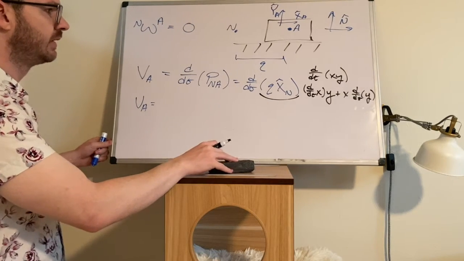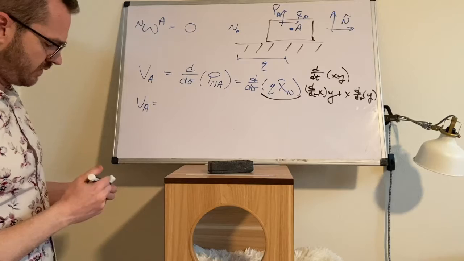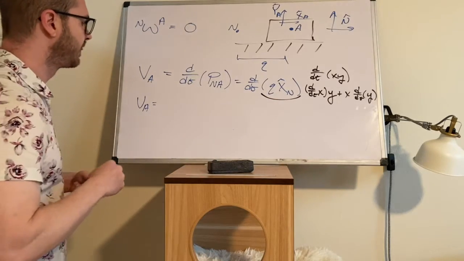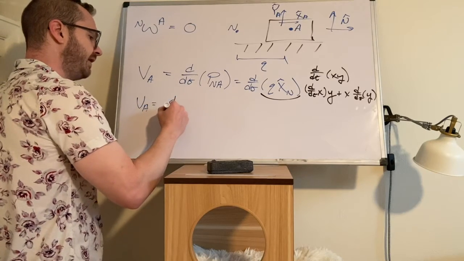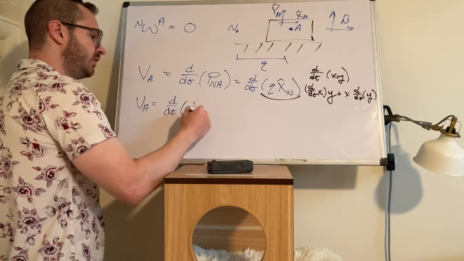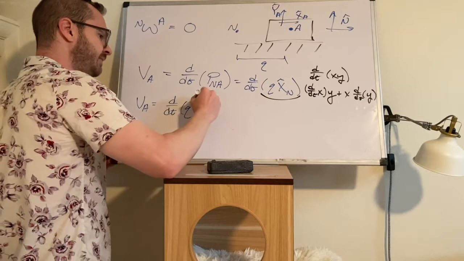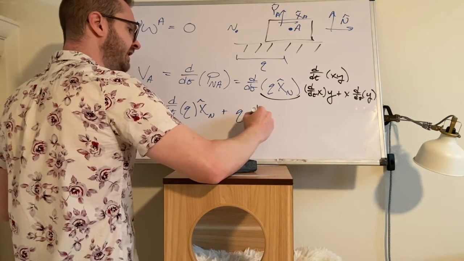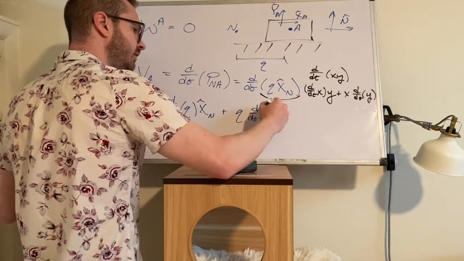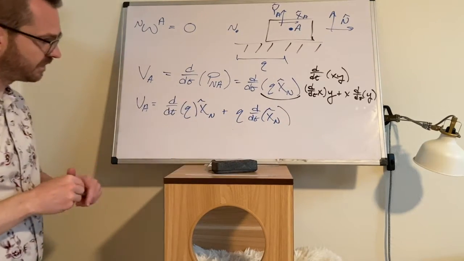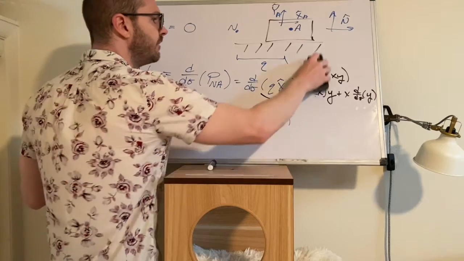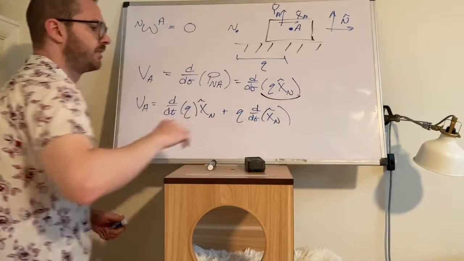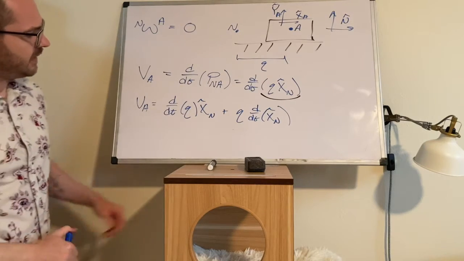Okay, so what does that mean for us right now expanding this? We're going to do d/dt of Q multiplied by X hat N plus Q times d/dt of X hat N. All right, so what does this mean?